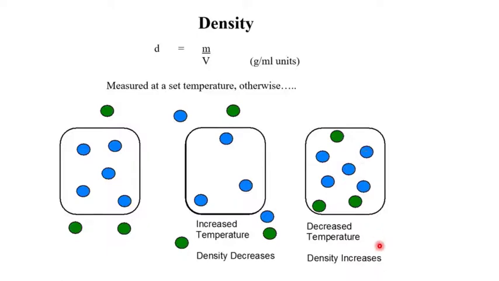If the person in the front slows down, it kind of crunches up the pack. So those molecules in green, which we previously weren't measuring in a unit volume, are moving more slowly and are now included in that unit volume space. There's more mass in that given volume, so the density increases as temperature decreases.